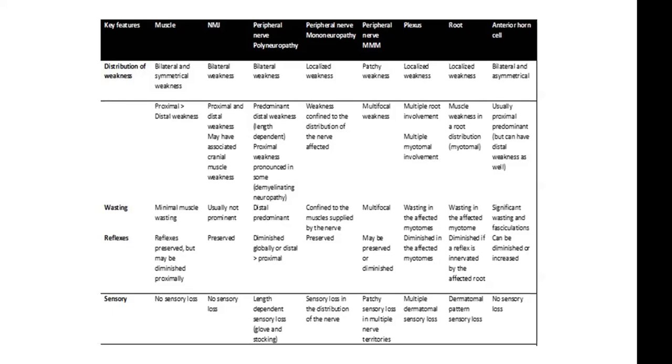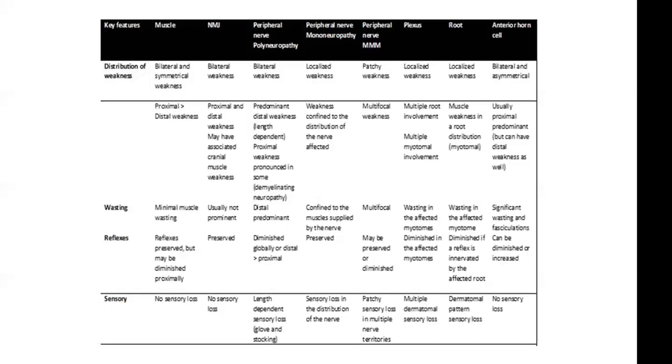If you take the weakness, in 99% of the time it is proximal weakness. Proximal weakness means the thighs in the legs or the shoulders in the upper limbs. So it is almost always proximal more than distal. Very rarely there are distal myopathies as well, but those are too much for you at the moment.